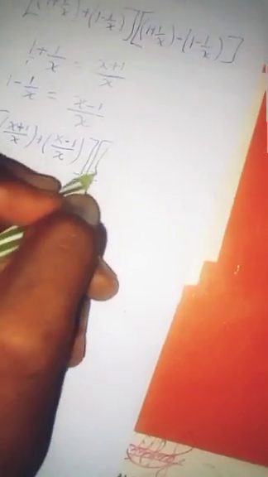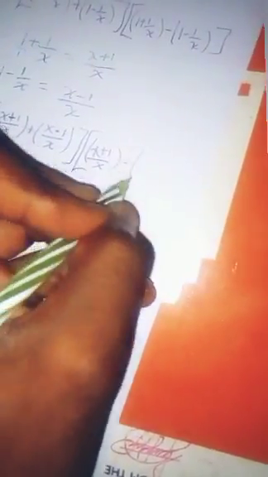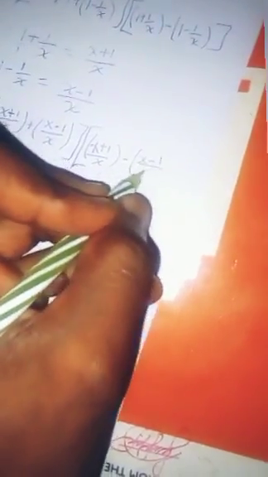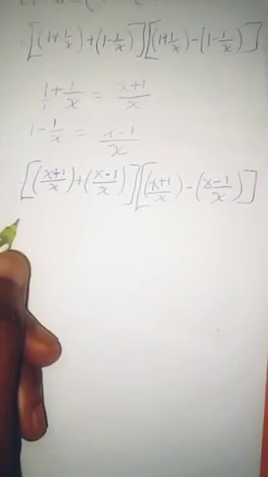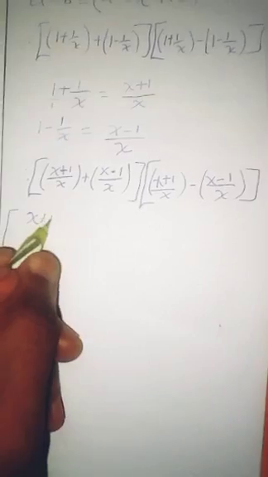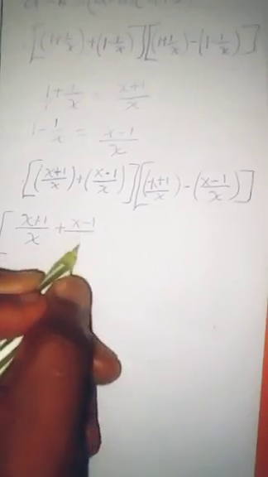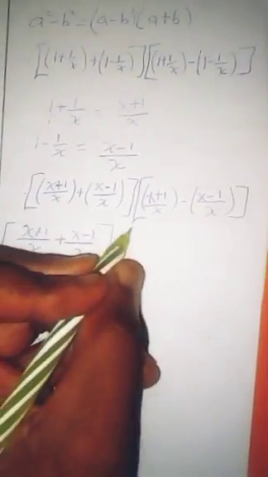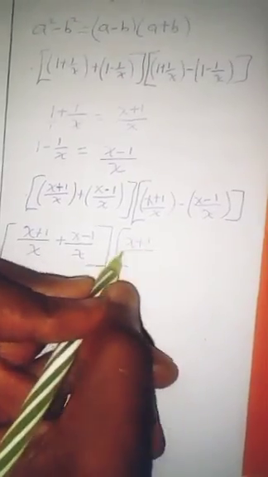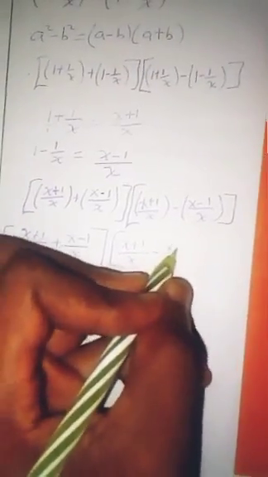The same is repeated for the next one: (x + 1)/x minus (x − 1)/x.